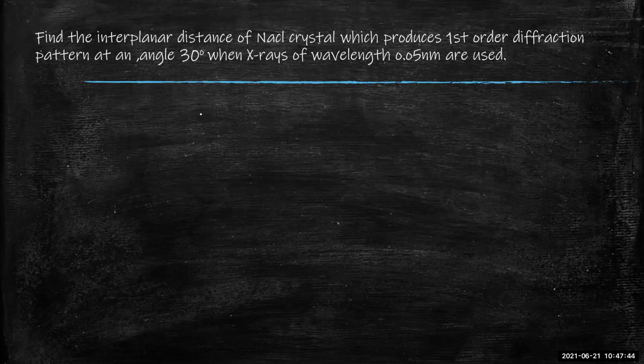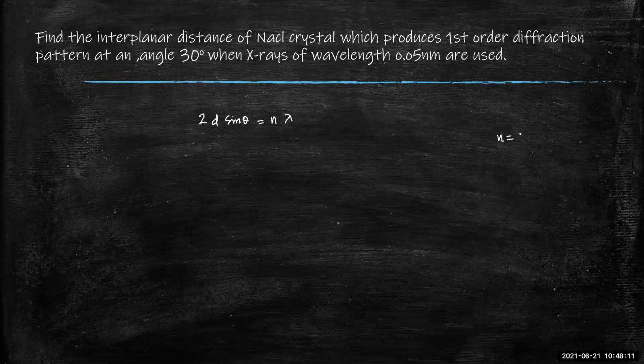Here the main expression is 2d sine theta is equal to n lambda. Here theta is the glancing angle, d is the interplanar distance, n is the order and lambda is the wavelength.